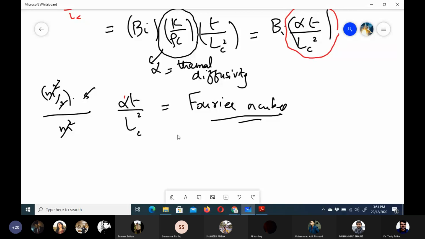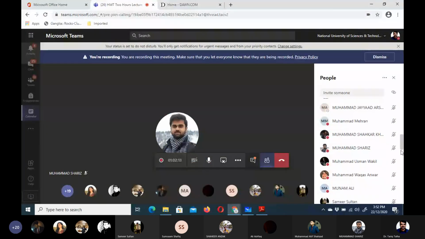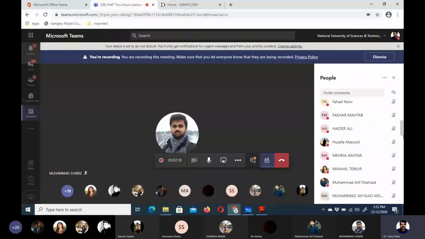Anyone? Any query? Whatever we have done about the lumped capacitance method. Either my teaching method is quite good, or maybe I don't know what the reason is, because only Jayad participates or Shahid participates more often, but that's fine, as long as you are understanding what is being taught to you.